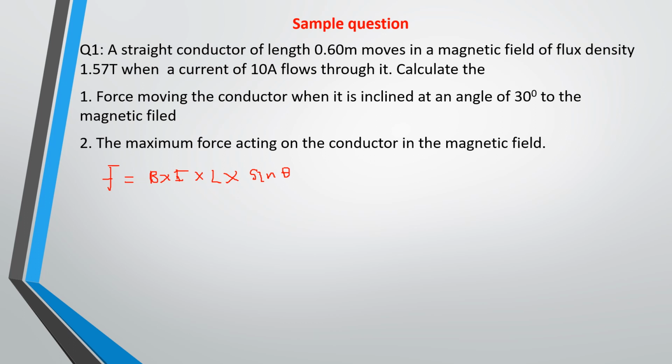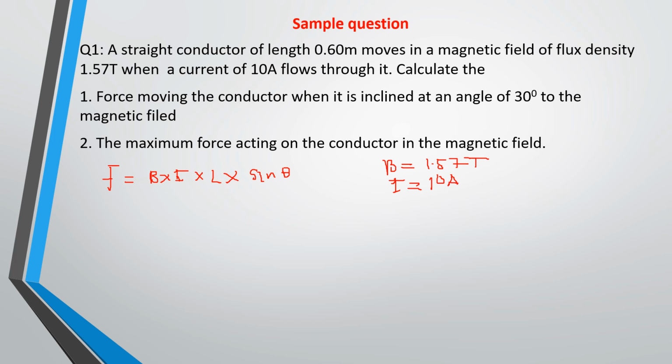Okay, so here we are given B to be equal to 1.57 Tesla. Alright, we are given a current to be 10 amp.